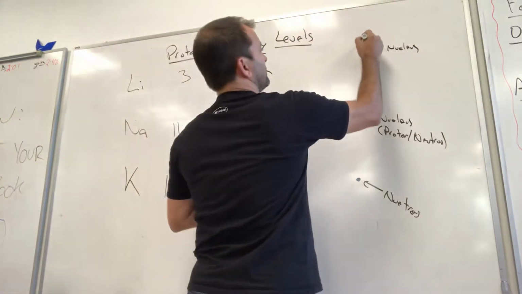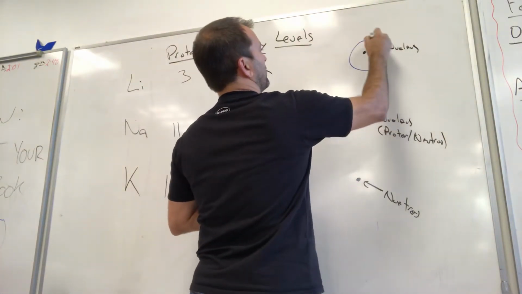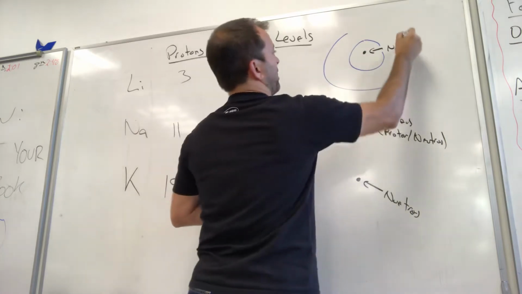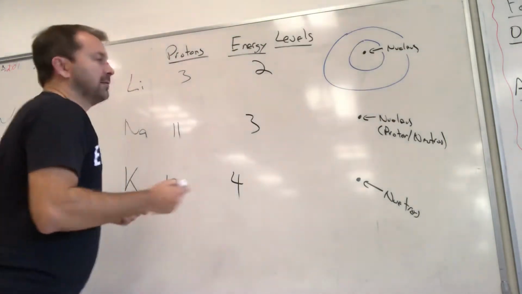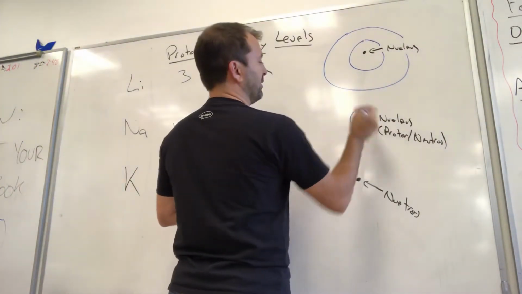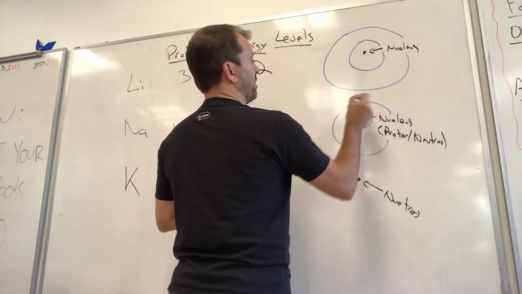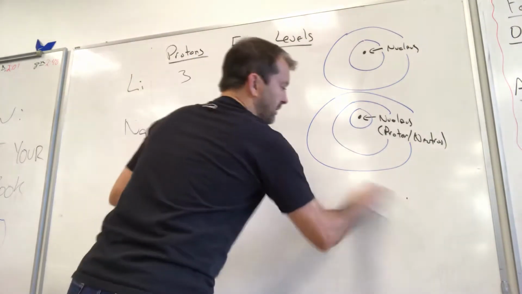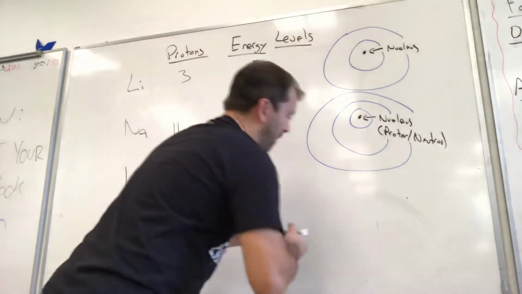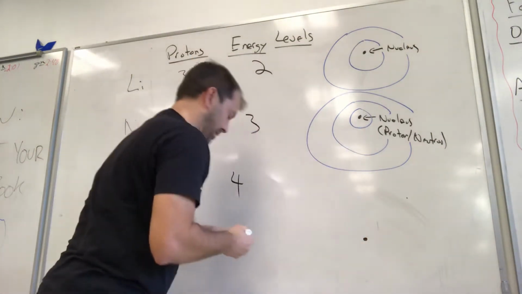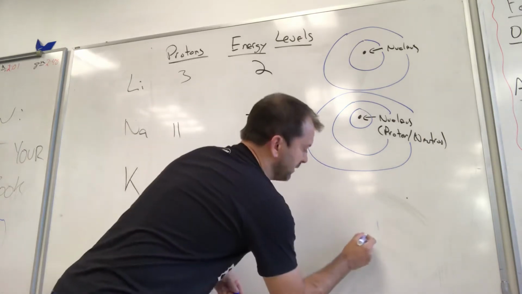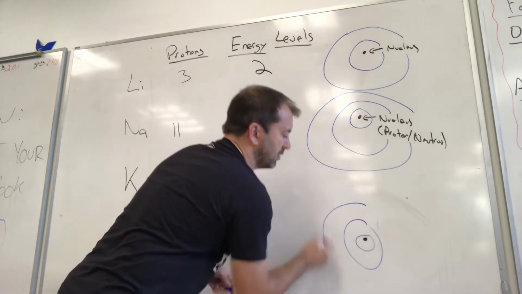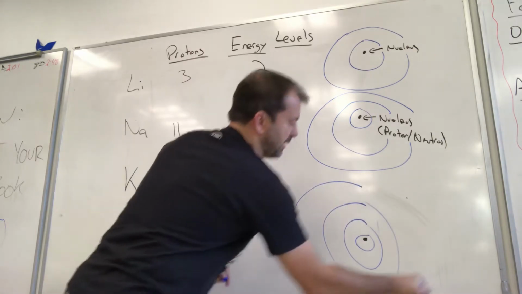So for sodium, it looks like this. 2 energy levels. For potassium, for lithium, like that. And then we should move this one down. Right? It's going to be 1, 2, 3, and 4.